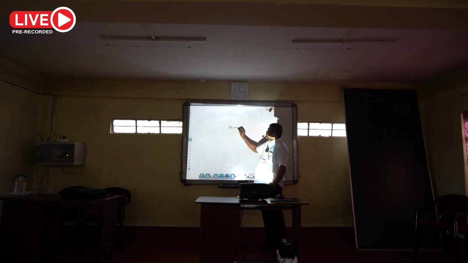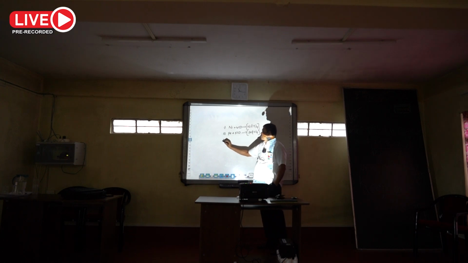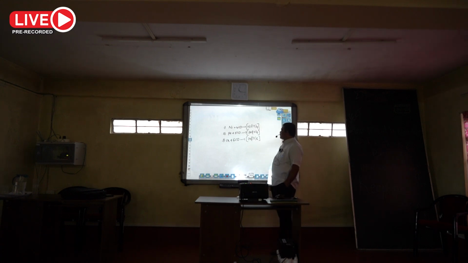Nickel plus 4CO, nickel tetracarbonyl, Fe plus 5CO, Fe(CO)5. These are called metal carbonyls.